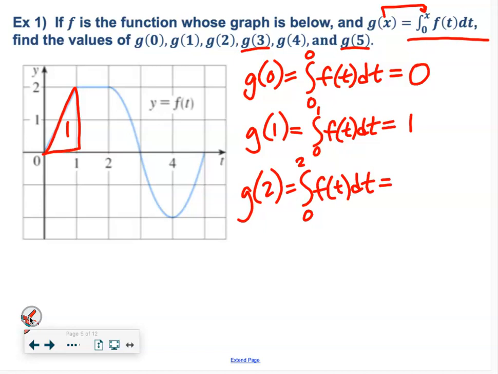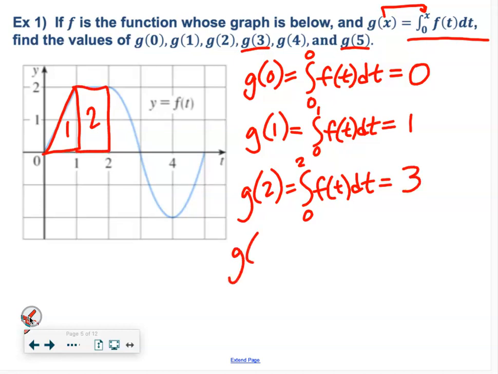If you ever have to do these on the AP exam, you do have to write the integral. Always show what you're plugging the number into. Usually the integral is worth a point. So the integral from 0 to 2, we're taking this and adding this lovely rectangle. So G of 2 would be 3.